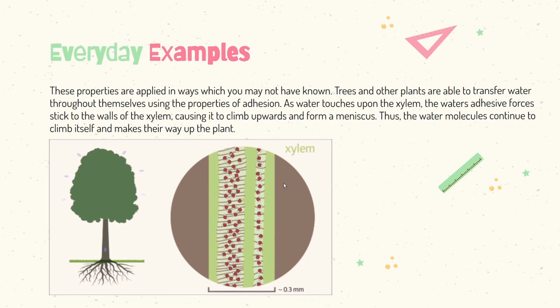But the primary point is that it's utilizing adhesion to get the water up itself, and I believe it's called capillary action, which I apologize is not in my notes here, but that is what it's called, capillary action.